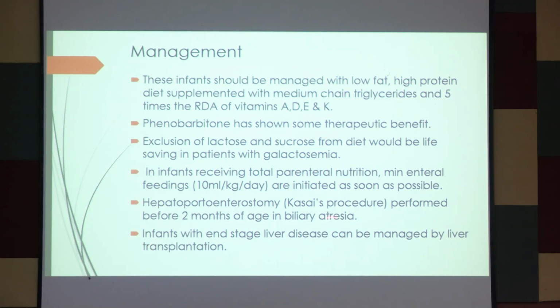Then Kasai's procedure for biliary atresia, but it has to be done before 2 months of age. And infants with end stage liver disease can be managed by liver transplantation. End stage liver disease, no other treatment or management, only liver transplantation.